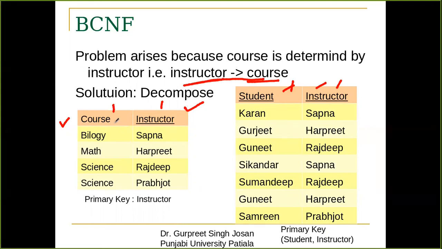In this table, because course is dependent upon instructor, the primary key of this table will be instructor only. In the other, student and instructor both are required, so the primary key will be a combination of student and instructor. Now these tables are in 3.5 normal form, which is higher than third normal form but lower than fourth normal form.